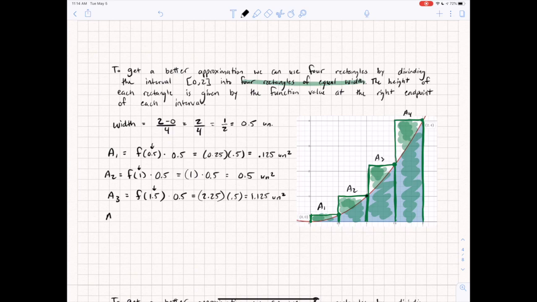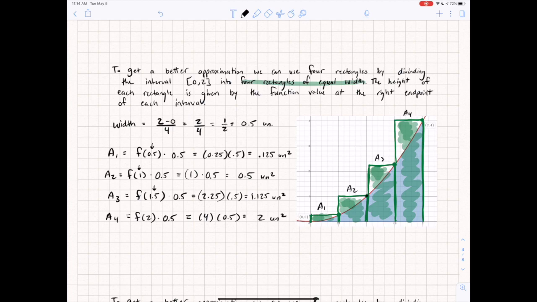For the fourth rectangle, the height is determined by 2, so I do f of 2, and then I multiply this by the width, which is 0.5. So 2 squared is 4 times 0.5, and I get 2.